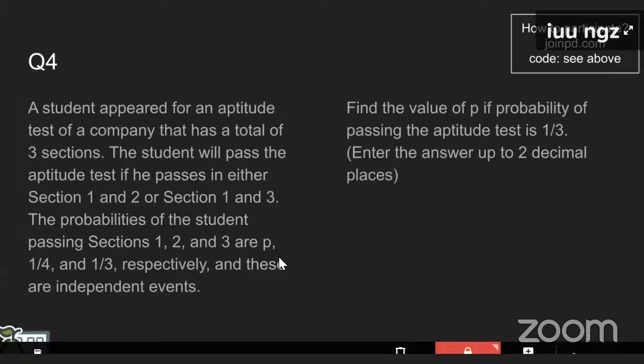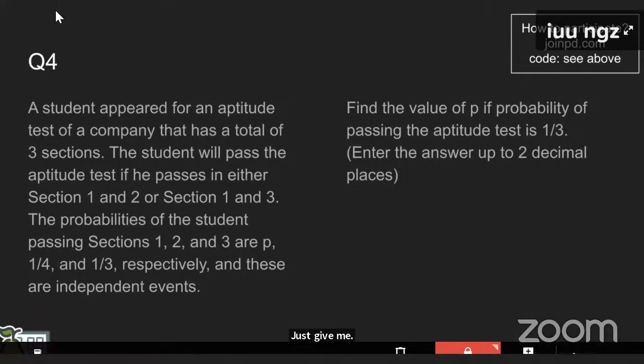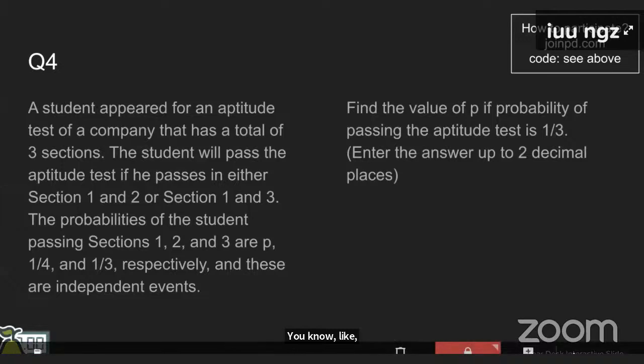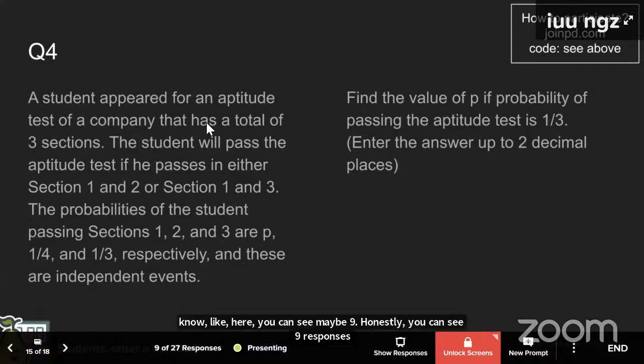So do you want more time? I see only 9 responses here. Just give me some more time, ma'am. Ma'am, where to respond? You can see 9 responses on my screen on Peerdeck. Like in the chat?